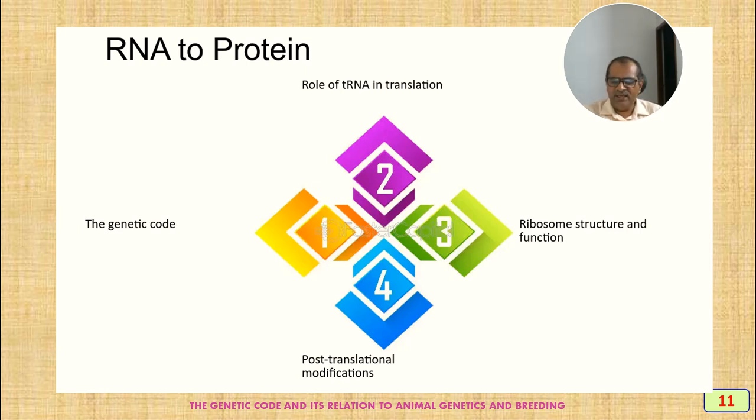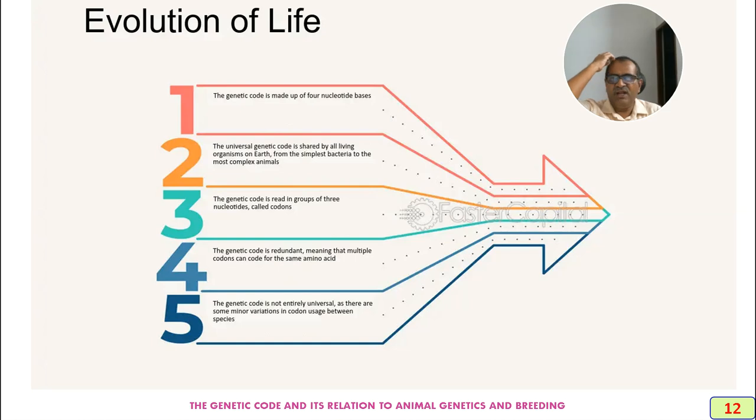So mRNA is a very essential thing which codes for a very specific type of protein, and the genetic code determines which type of proteins need to be synthesized, as required by the body. Hence, the role of tRNA, translation into the ribosome structure and function, then always leading to post-translational modifications.